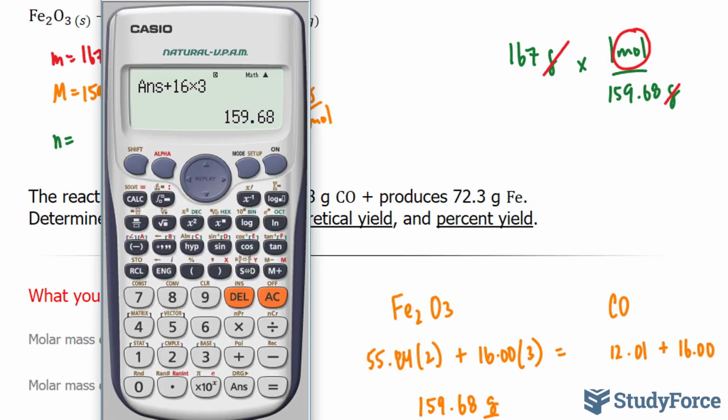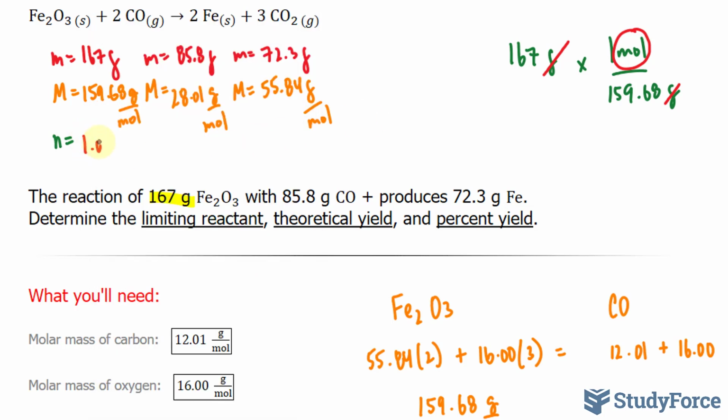Using my calculator, 167 divided by 159.68 gives us 1.045. Notice that I've recorded 4 significant figures here, although each of the numbers we start with has 3. So our final answer at the very end should also have 3. But I'm keeping this extra 5 just to prevent any sort of rounding errors.